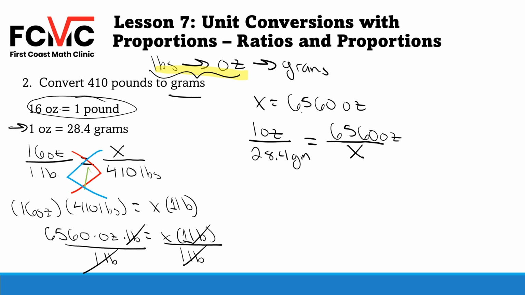Now the x, actually let me use a different variable so we don't get confused. So this y, this is going to be my number of grams. So now we're doing this conversion, ounces to grams.